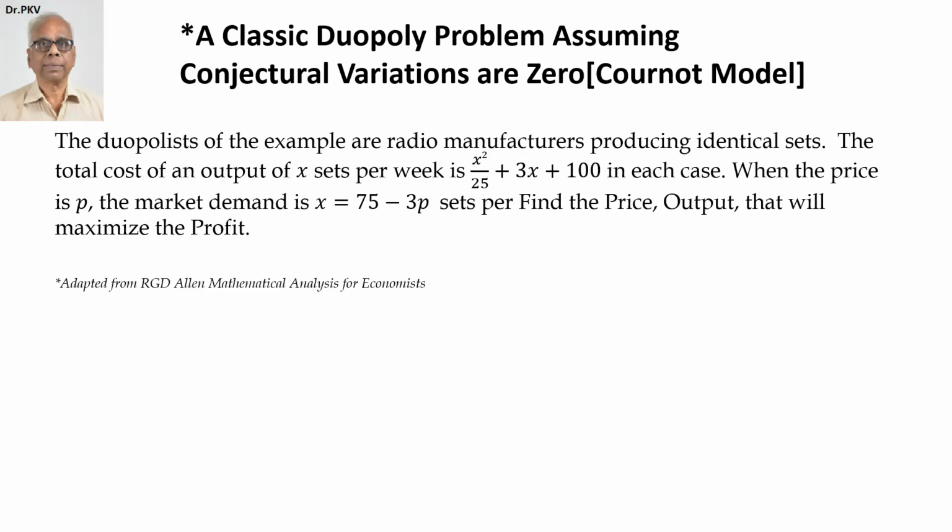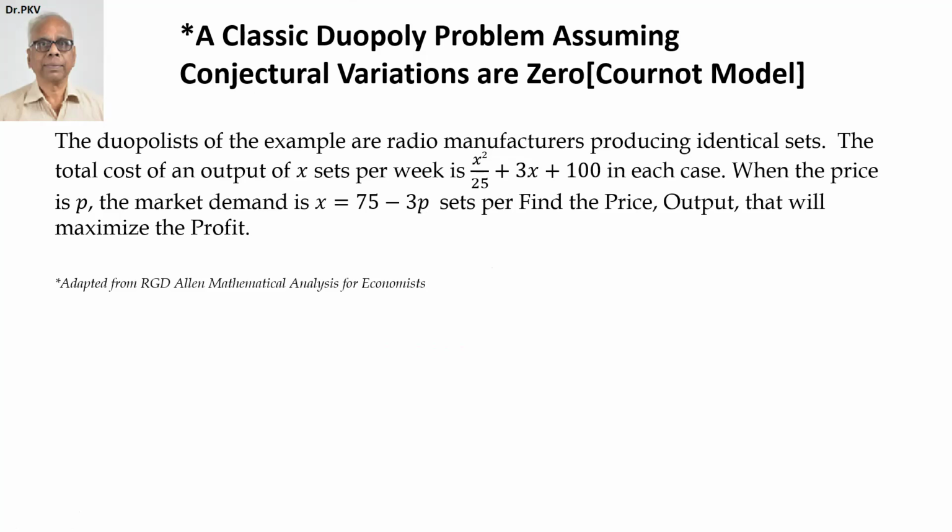Now, this situation involves two players, and we are assuming the simplest form to start with. Conjectural variations are zero, Cournot model. That is, the first player will think whatever may be my output, the first duopolist will always have a fixed output.